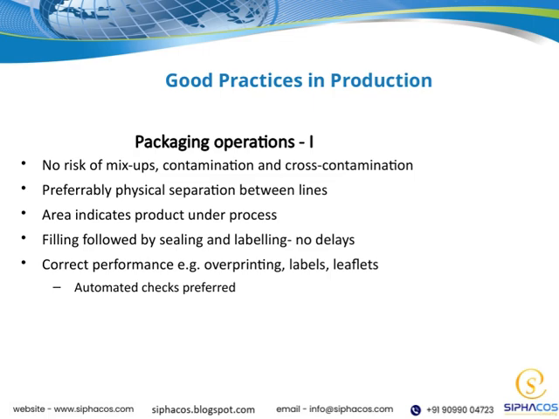Automated checks are highly preferred because they add an extra layer of reliability, catching errors early and ensuring consistency. Overall, good practices in production revolve around these key points: preventing errors, maintaining product integrity, and leveraging automation wherever possible. These principles are fundamental to delivering safe, high-quality products to consumers.